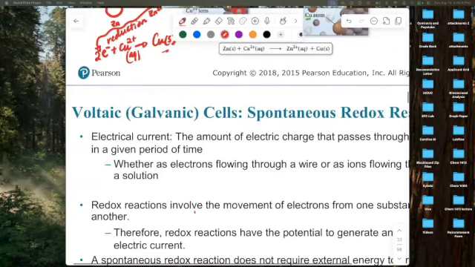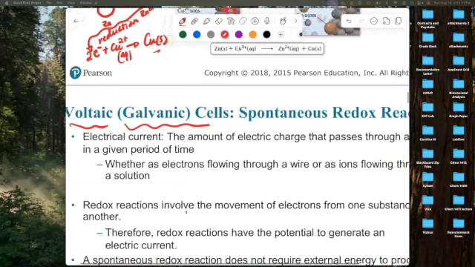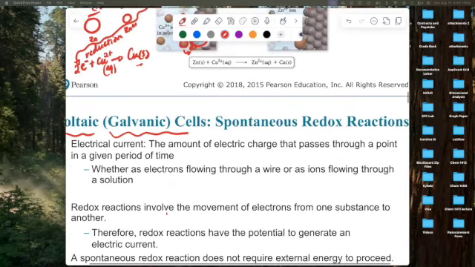So we mentioned before that voltaic cells or galvanic cells, these tend to be paired with spontaneous redox reactions. Okay, so what if we want to harness the electricity? Remember that, well, this is my point of view. I try to interject my point of view in understanding chemistry or science or the world around me, period.